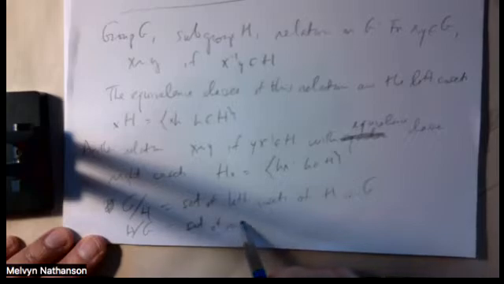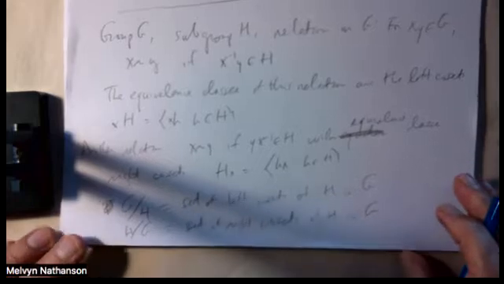And by G mod H, this is the set of left cosets of H in G. And H slash G, written like this, is the set of right cosets of H in G. Right?